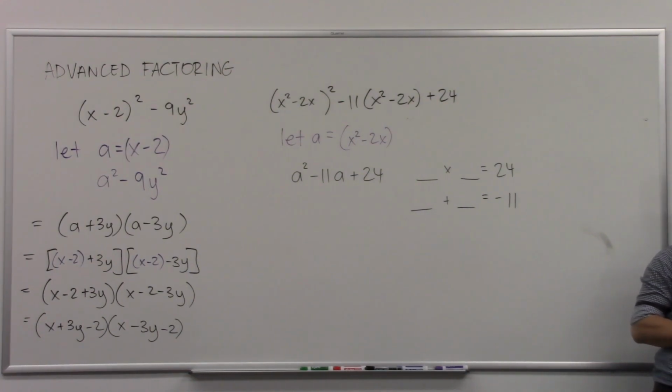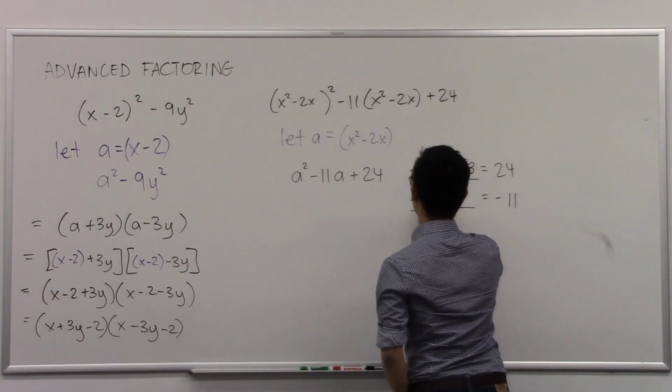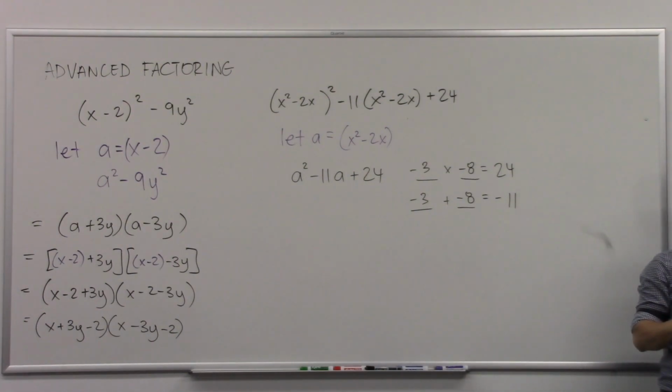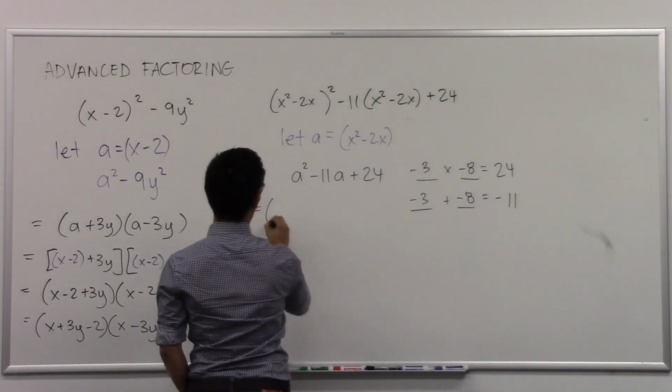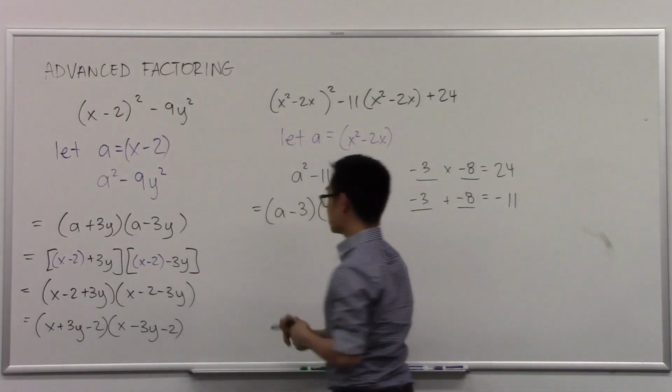Those numbers, I'm going to speed this up, are -3 and -8. So this factors to become a minus 3, a minus 8.